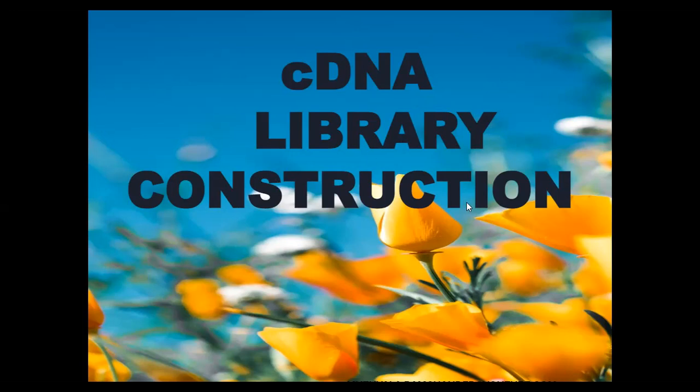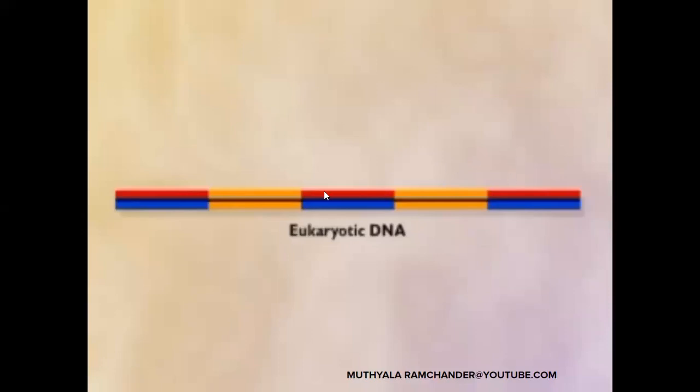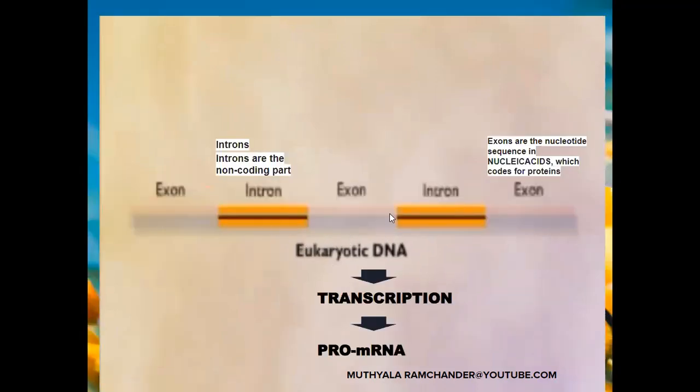First, we look at the eukaryotic DNA structure. Every eukaryotic DNA contains two long polynucleotide chains, arranged in opposite orientation. The long polynucleotide eukaryotic DNA shows introns and exons.